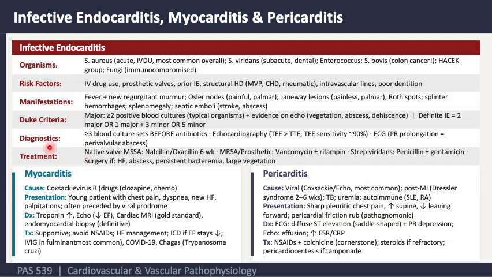The Duke's criteria for identifying infectious endocarditis: they have to have 2 or more positive blood cultures, and evidence on an echocardiogram, which is usually a vegetation or abscess.